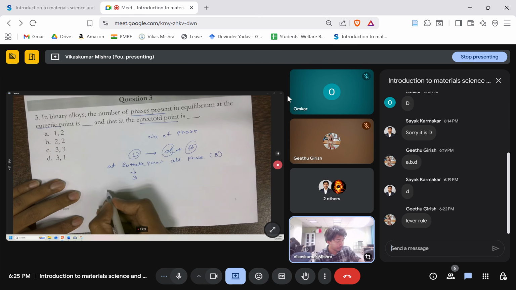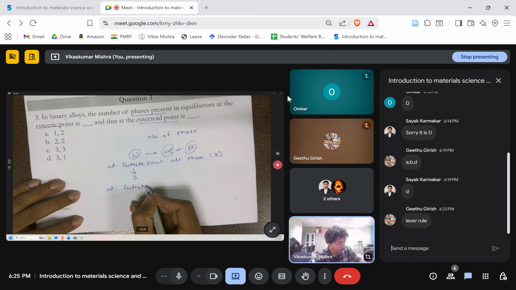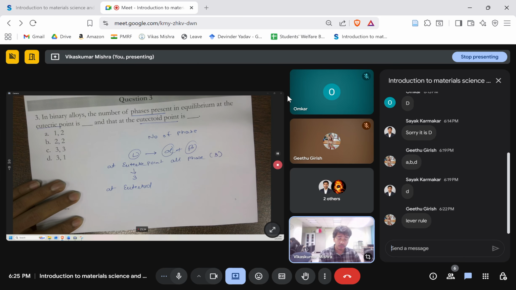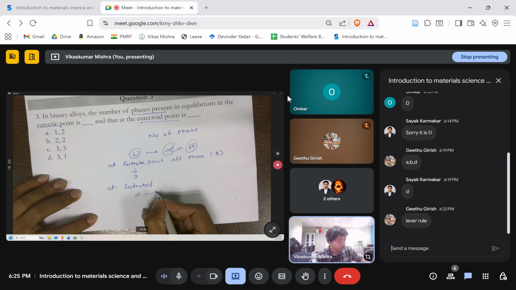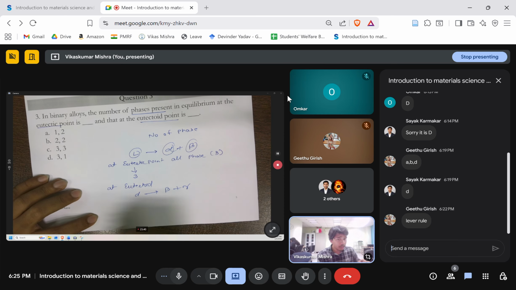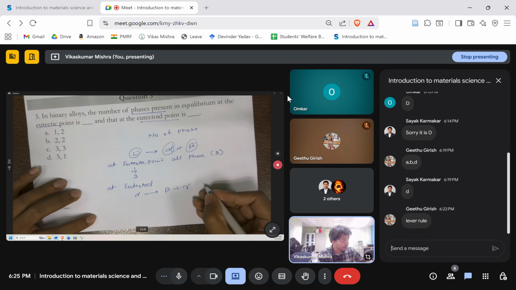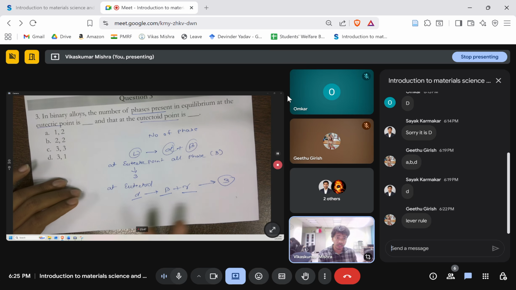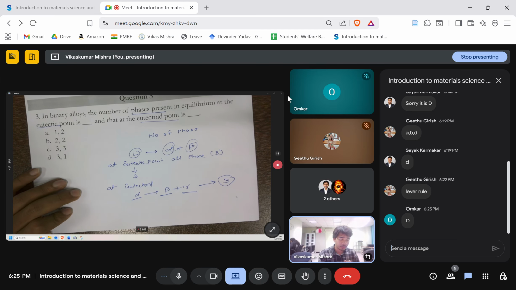What about the eutectoid? What is happening at the eutectoid? Alpha is transforming to the beta and gamma. How many phases are there again? The number of phases again is 3. It is alpha, beta, and gamma. All the 3 phases will be present at this particular point.